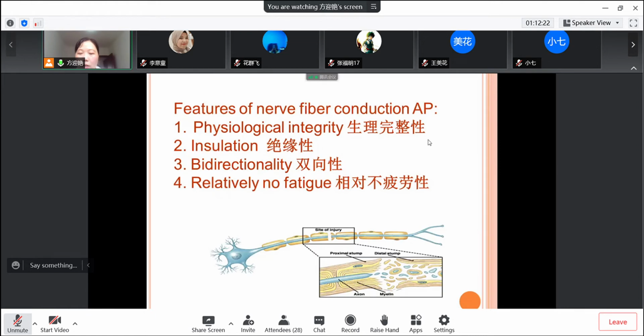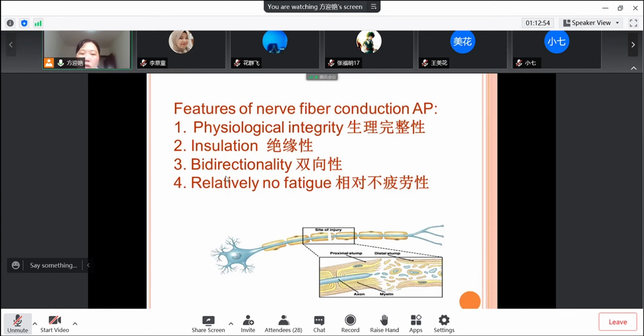The factors of nerve fiber conduction of the action potential are basically based on four aspects. One, the physiological integrity. The physiological integrity includes the structural integrity and also the functional integrity. And we also know that if the structure is destroyed, then this action potential cannot be conducted to the end of the nerve fibers.